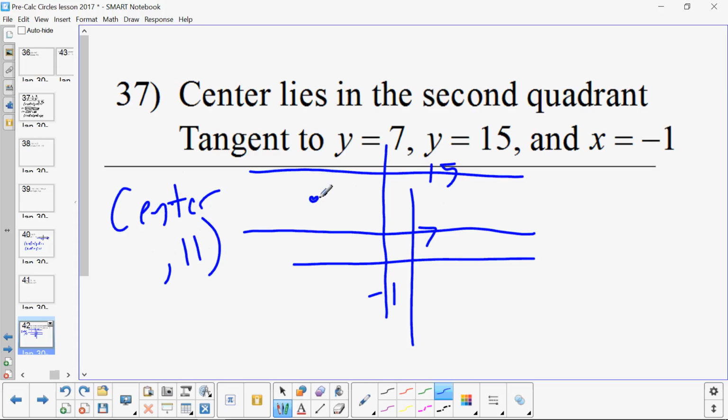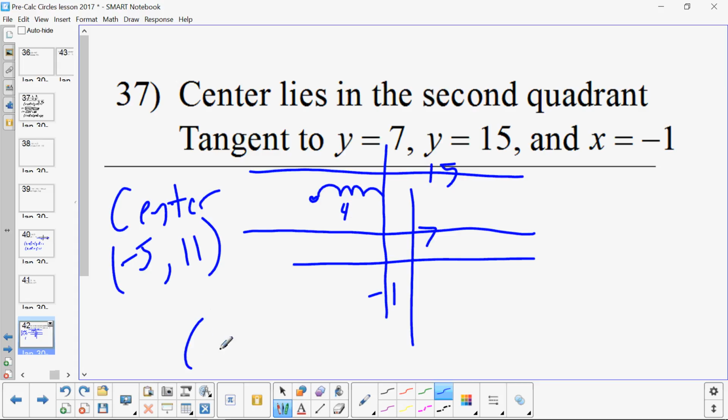Now, if 11 is the center, that means its radius is 4. So that means it goes 4 in each of the directions. So it has to go 4 to get to this line here. -1, 4 this way, leaves me where? Well, hopefully you've answered yourself, -5. So that's our center, and our radius is 4.